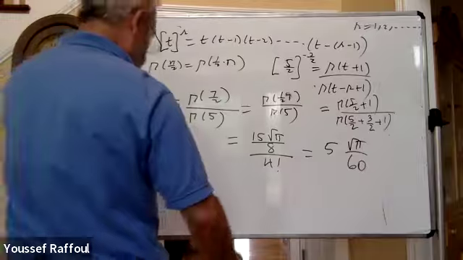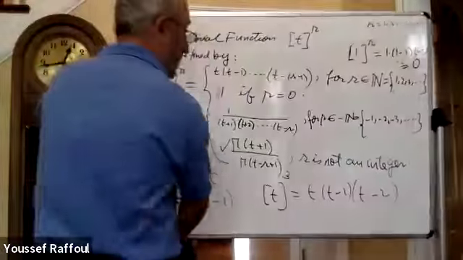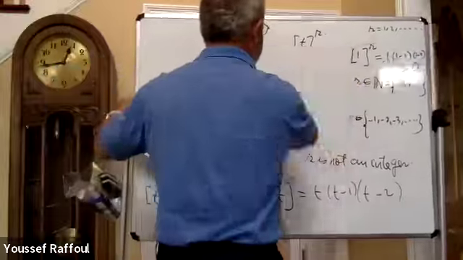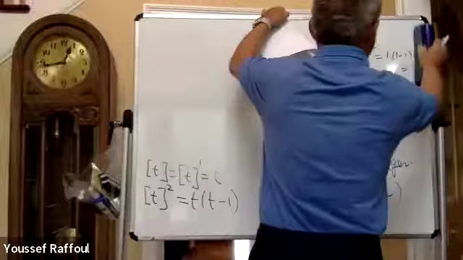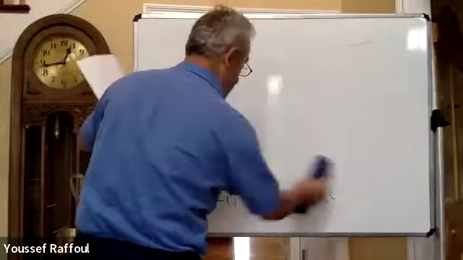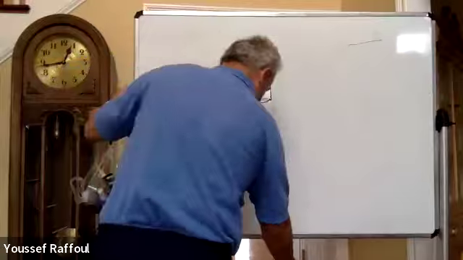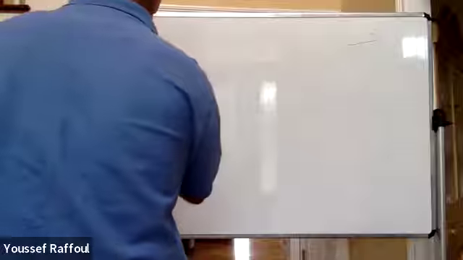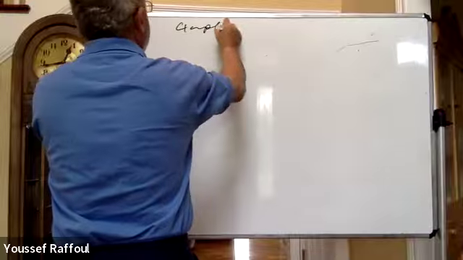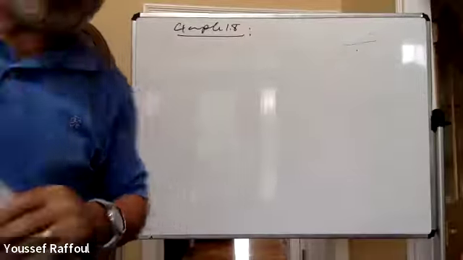All right. So you will see why we introduce the factorial function. All right. So example 1.8. I have been doing examples from the book, but I have not labeled them yet for you.